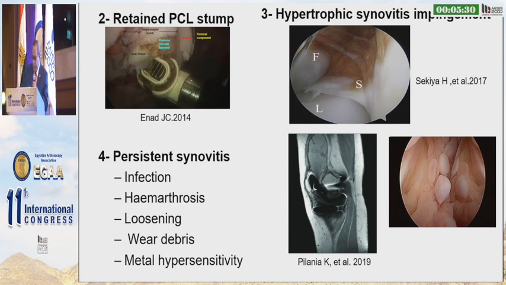Number 4, persistent synovitis due to infection, hemarthrosis, loosening, wear debris, and metal hypersensitivity.